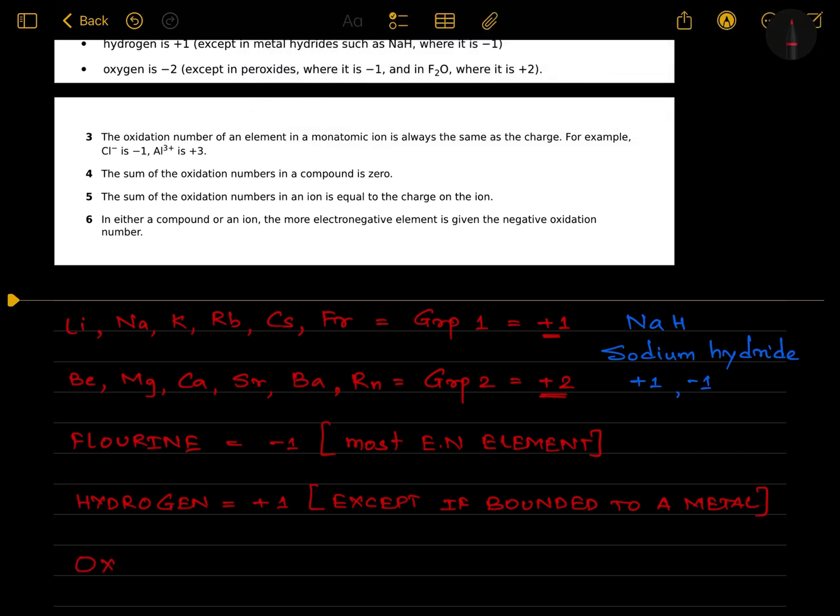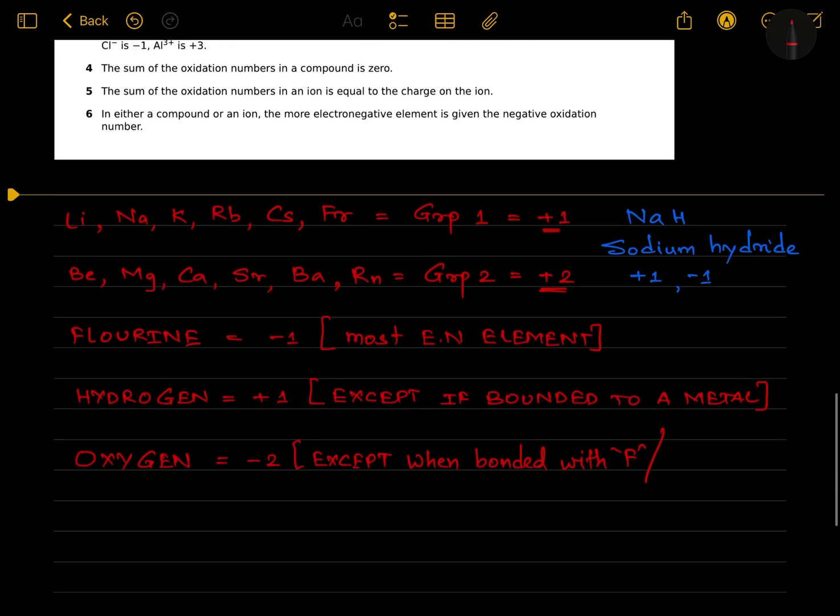So if I now talk about oxygen, the rule says that oxygen would always have the oxidation state of -2, except when bonded with fluorine. When bonded with fluorine, fluorine will have -1 and oxygen needs to have positive.